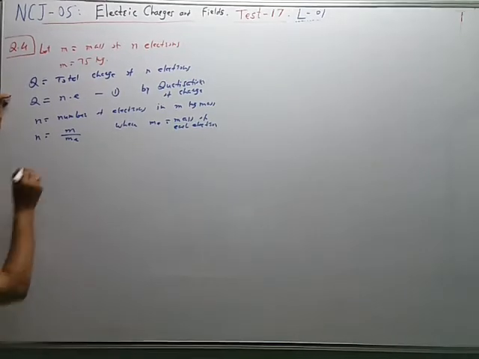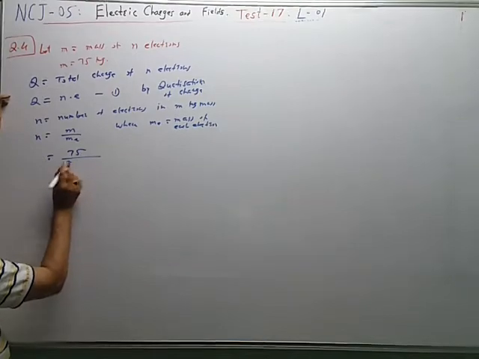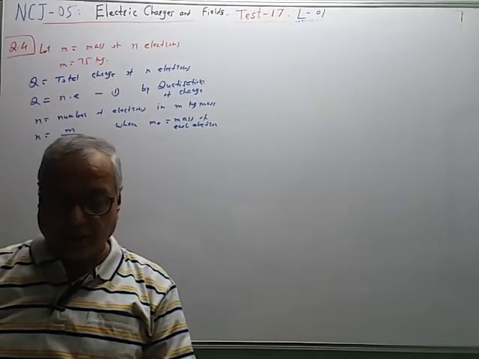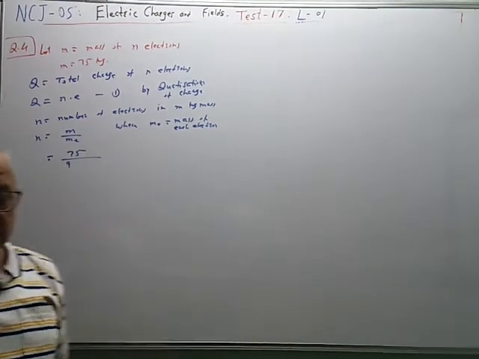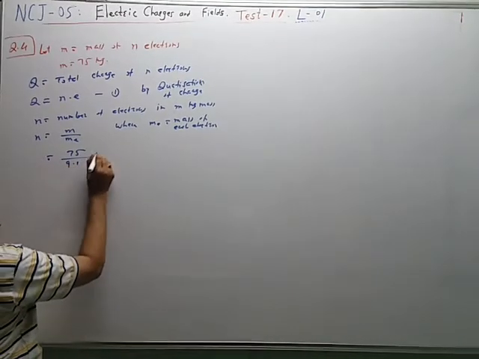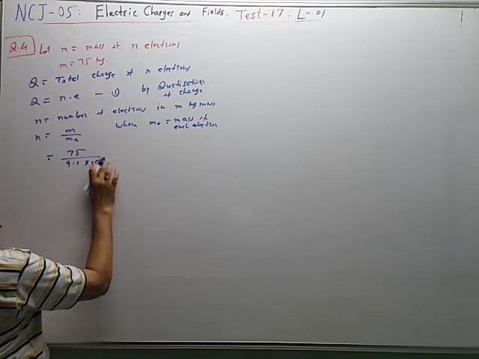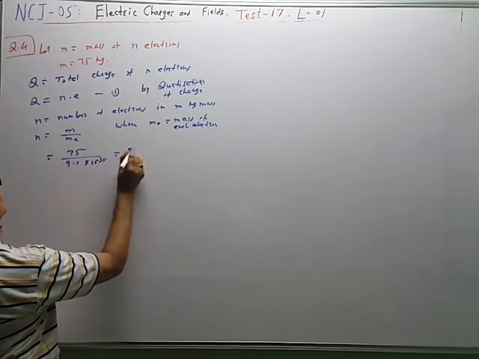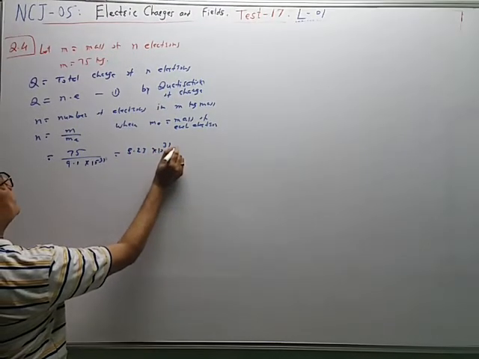We can calculate that. This is equal to 75 kg upon 9.1, approximately 9, into 10 to the minus 31. So this is equal to nearly 8.23 into 10 to the 31 electrons.